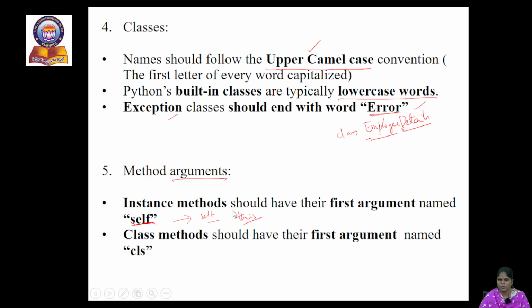Here we will be using self. And the class methods should have their first argument as what? CLS. Instance methods will be called using object dot method name, whereas the class methods will be called with class name dot method name. So these are the differences.